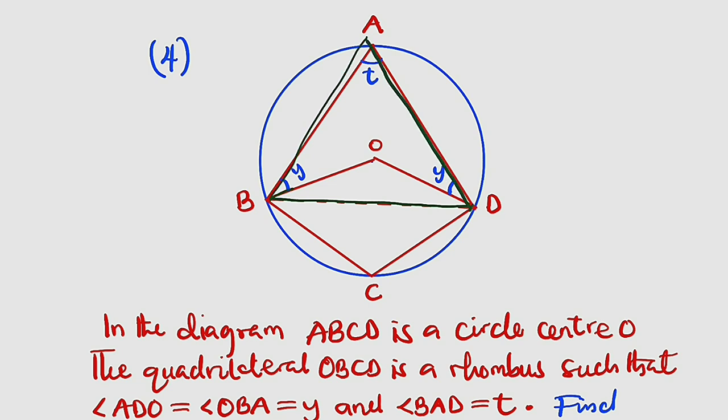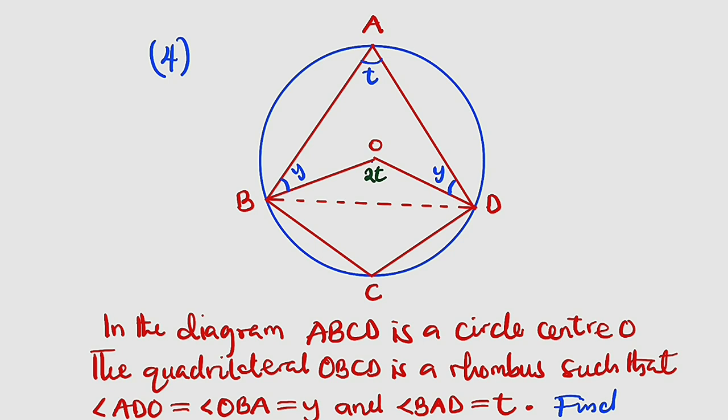The same chord subtends an angle to the center. So what can you remember about that? The angle subtended at the center is twice the angle subtended at the circumference from the same chord. So if this is T, this will be 2T. Once you insert some variables in it, you can work with them.